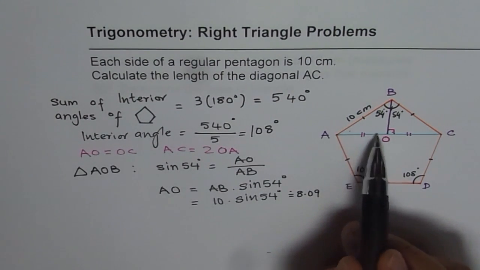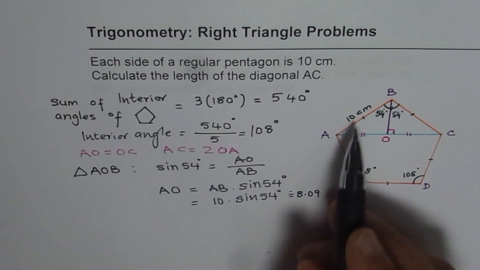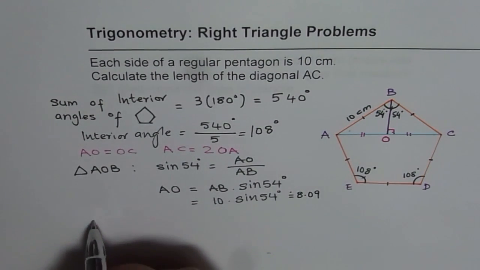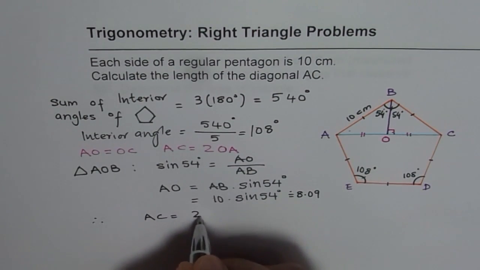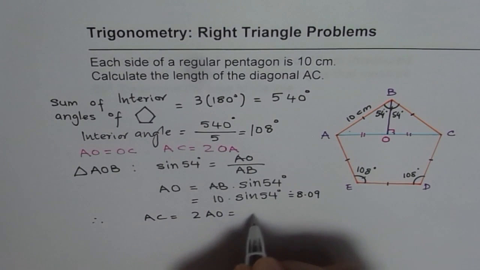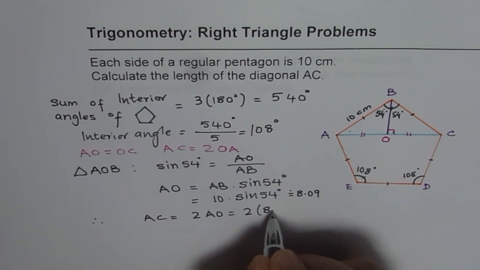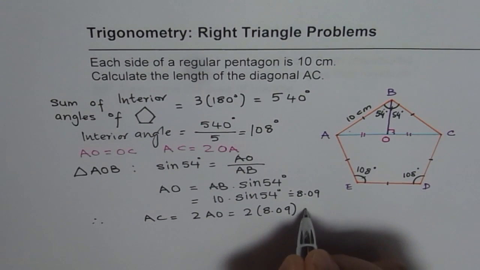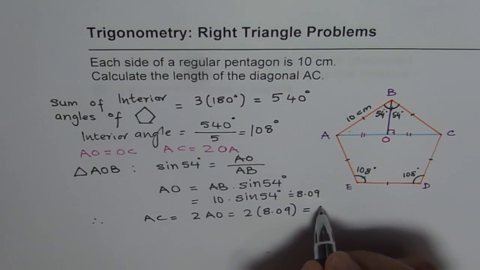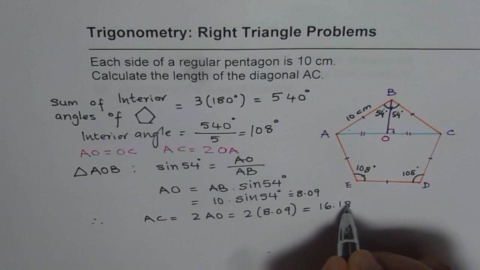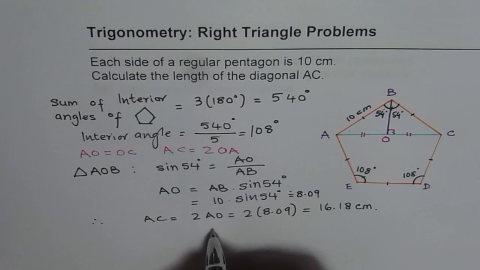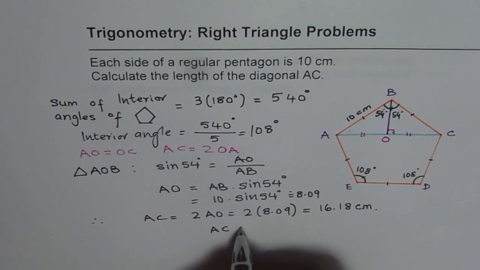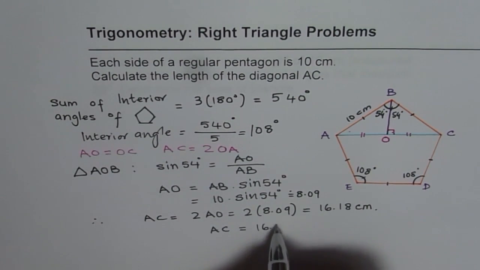So we know AO is 8.09 centimeters, and therefore AC should be equal to 2 times AO, which is 2 times 8.09, and that gives us 16.18 centimeters. So our answer is that the diagonal AC is equal to 16.18 centimeters.